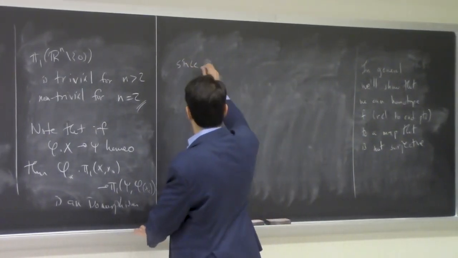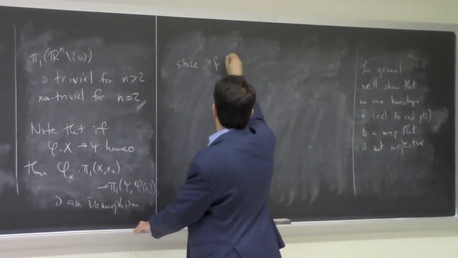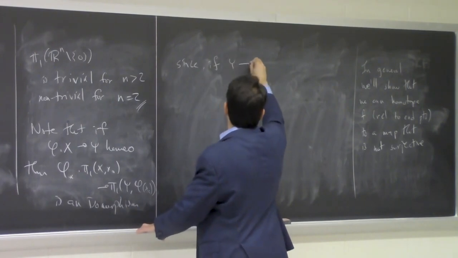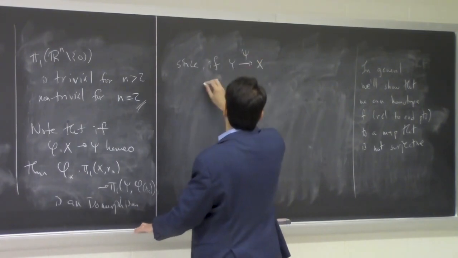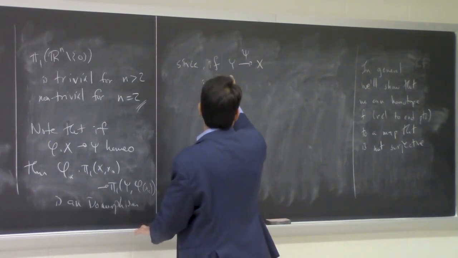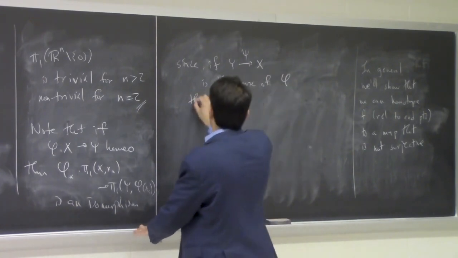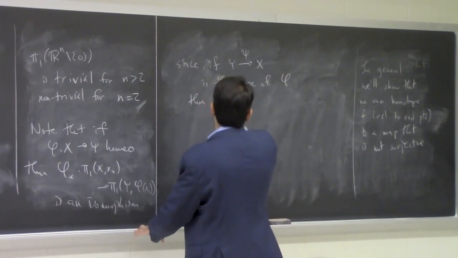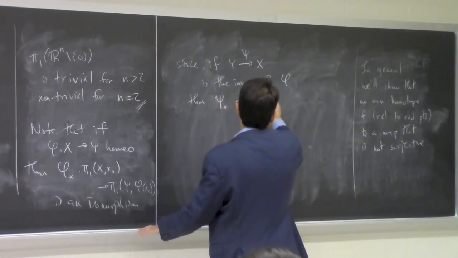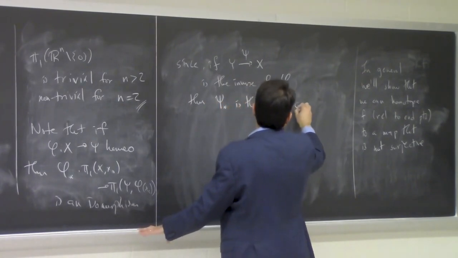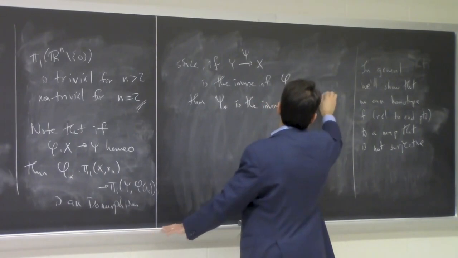Since if psi from Y to X is the inverse of phi, then psi star is the inverse of phi star.